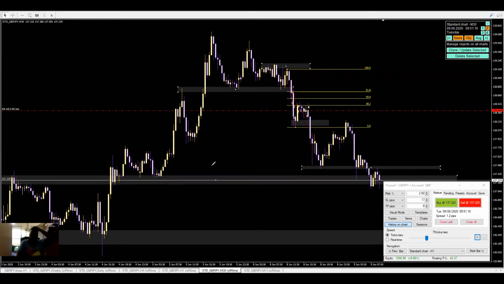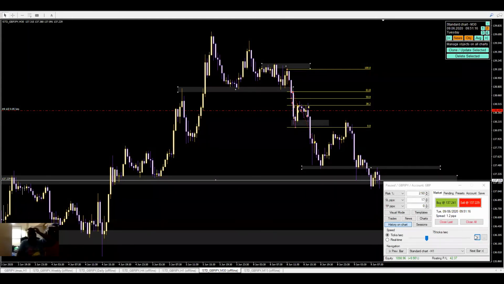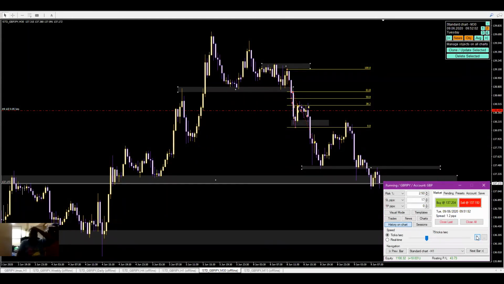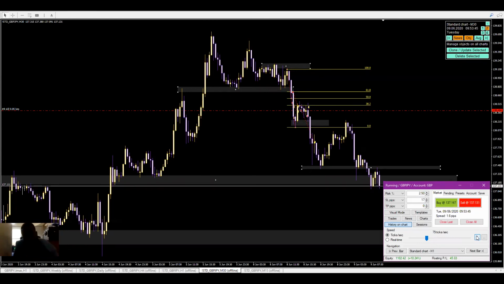What's the last thing that price did in this area? That's what you have to look at. It's a clean move up. So what can you expect? A clean move down. That was a really bad arrow, but anyways, we'll see what happens here.